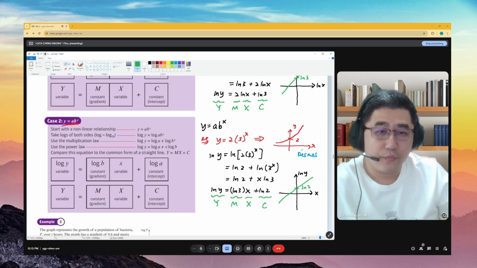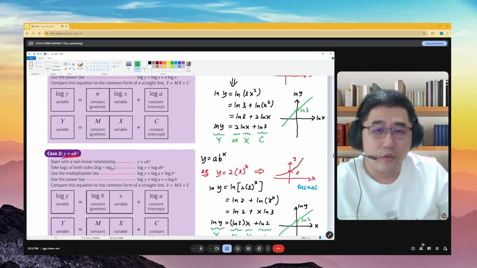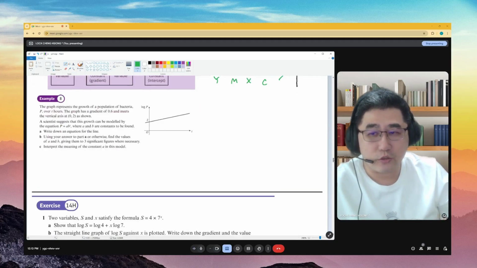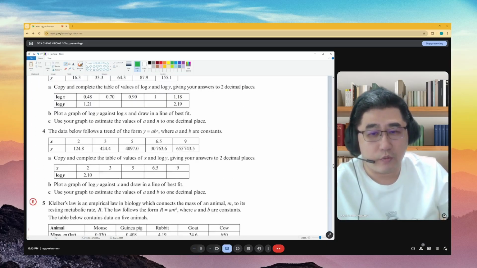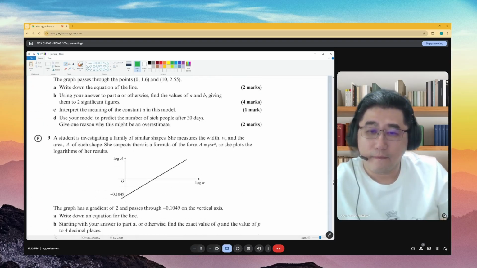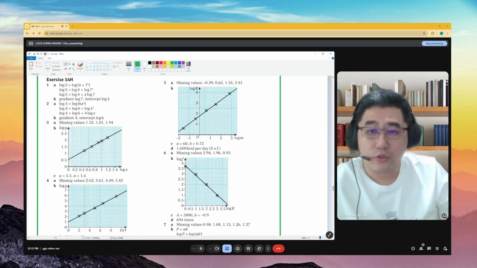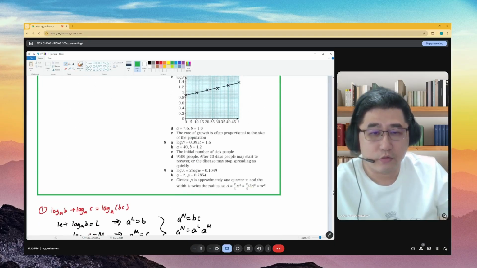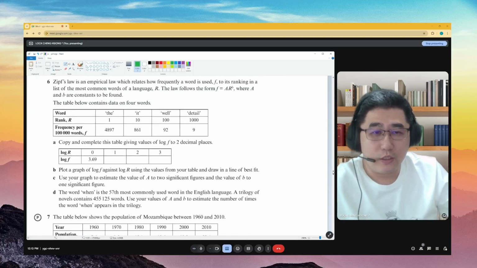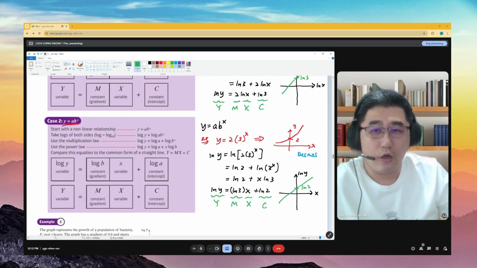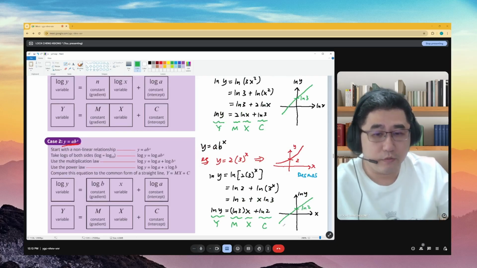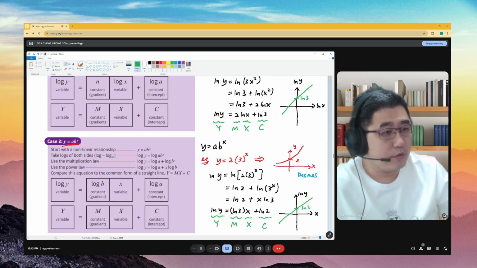From here, you need to answer the gradient questions, solve the equations, and so on accordingly. There will be exercises here that you can do, and I put the answers underneath. And this is everything of P3, exponential and log. Okay, stop recording.